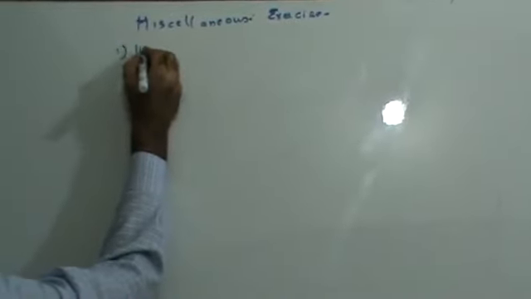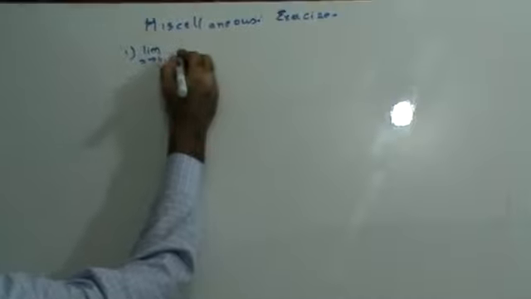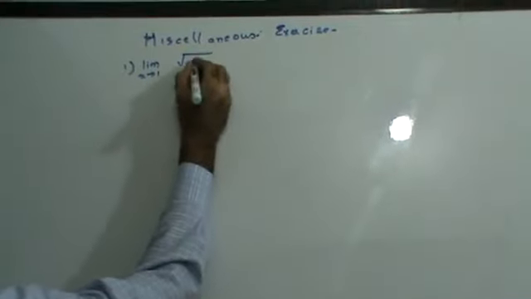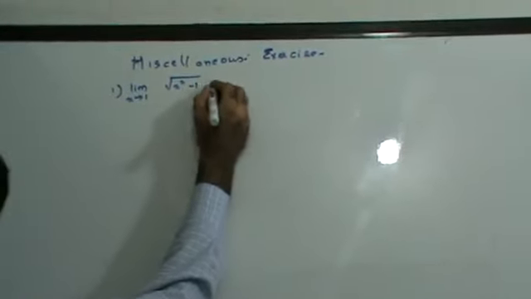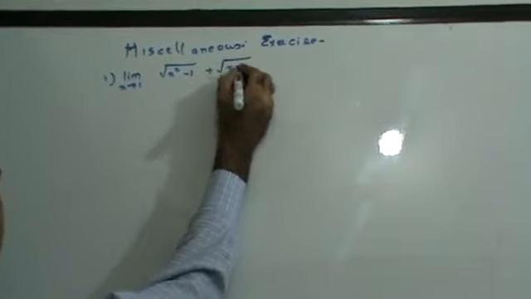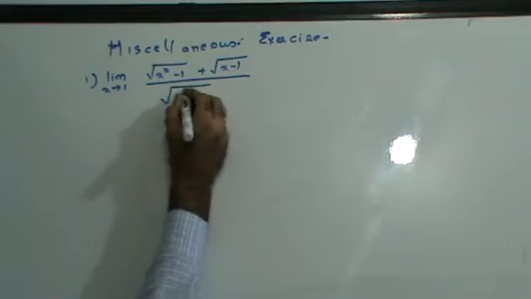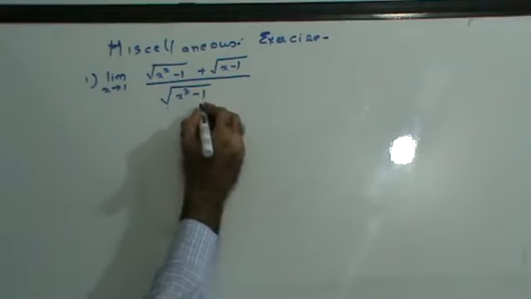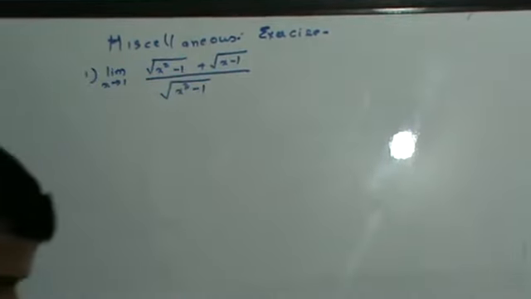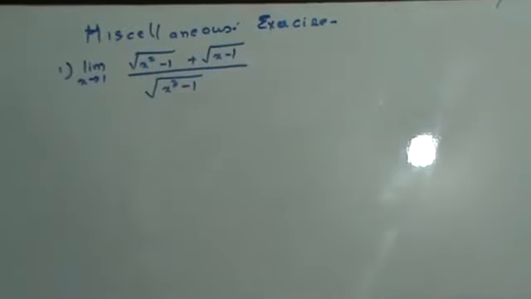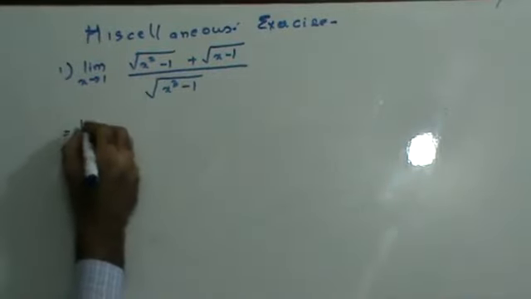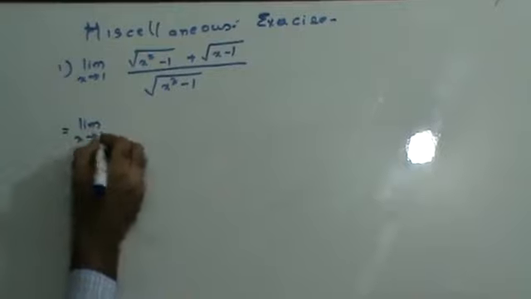Limit of x tends to 1, root of x square minus 1 plus root of x minus 1 upon root of x cube minus 1. Right? Now, let's see how do we do this sum. This can be written as limit of x tends to 1.